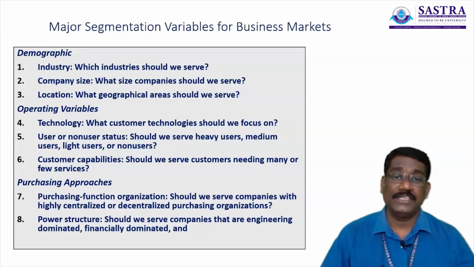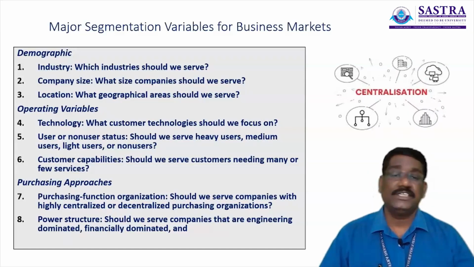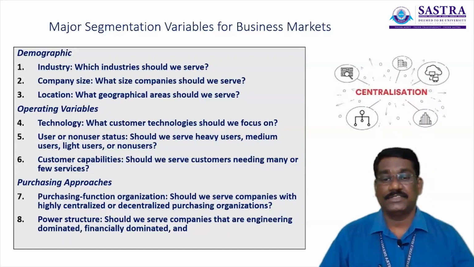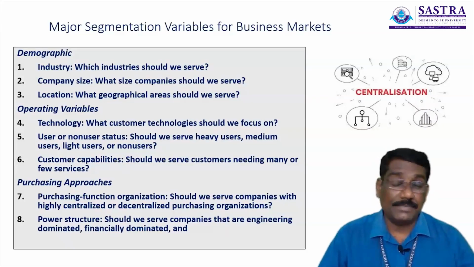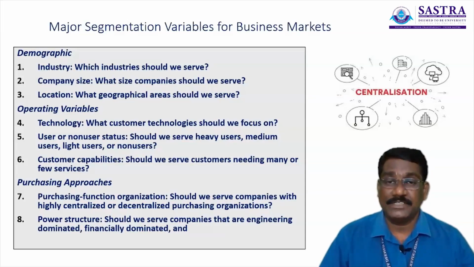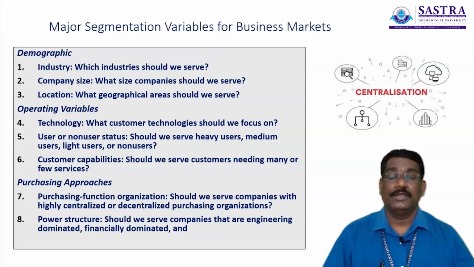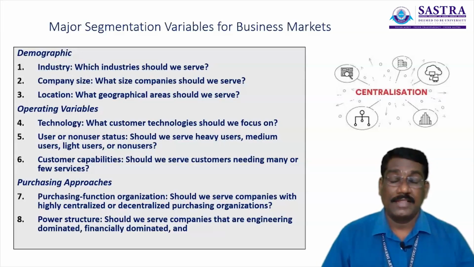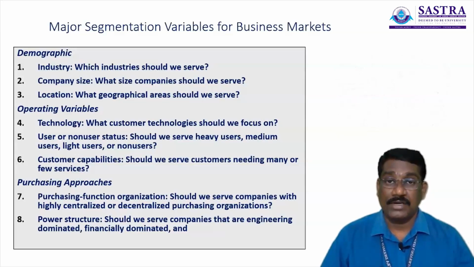Next one is the purchasing approaches, the purchasing function of the organization. Should we serve companies with highly centralized purchase or decentralized purchase organization? Normally, centralized purchase is where you're sitting at the corporate headquarters and all the decisions are made there, and whatever the purchase, they will make it.